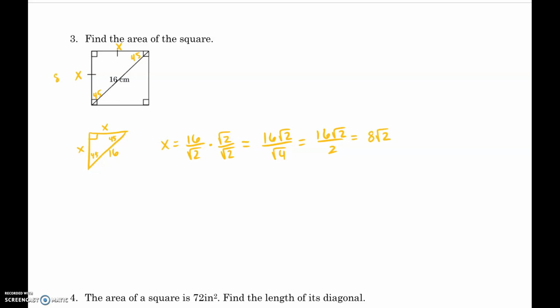So now we know that the sides of the square measure 8 radical 2. So to find our area, we're going to do 8 radical 2 squared. So we get 64 times 2, which equals 128 centimeters squared. That's going to be our area for the square.